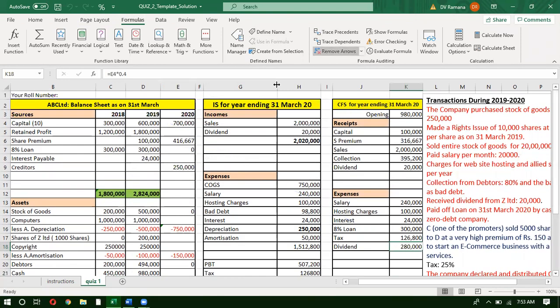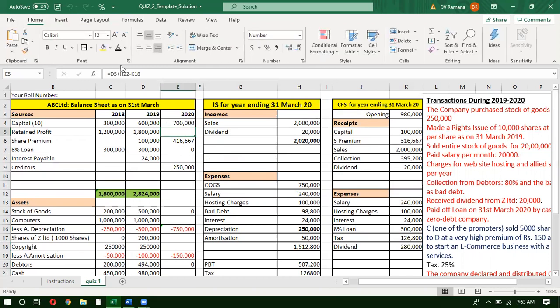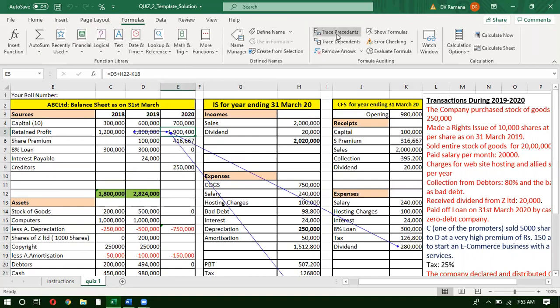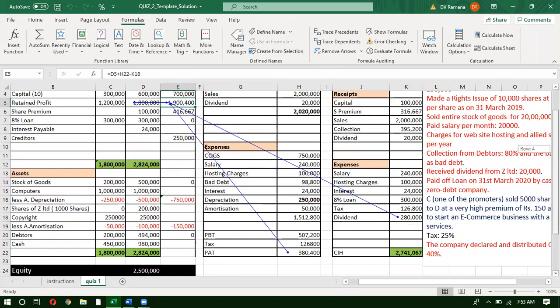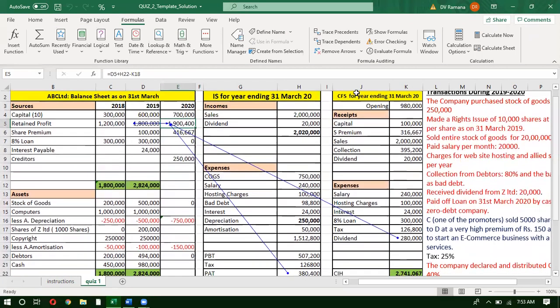So because of the distribution of dividend, the retained profit reduces to that extent. We can see the retained profit: opening retained profit plus the PAT minus the dividend is the closing retained profit.